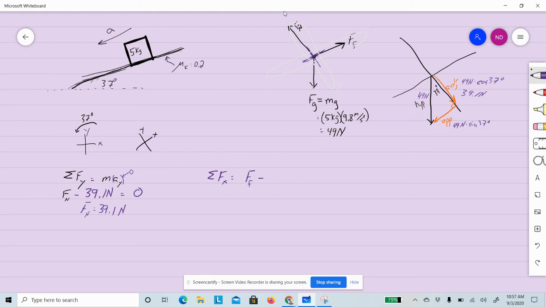Sine of 37 degrees is just about 0.6, times 49 gives you 29.5 newtons. So we've got the friction up the ramp and 29.5 newtons down the ramp.